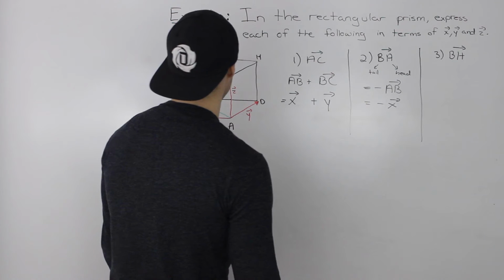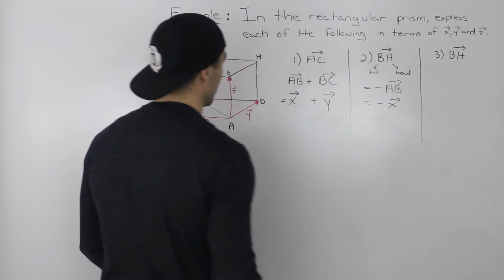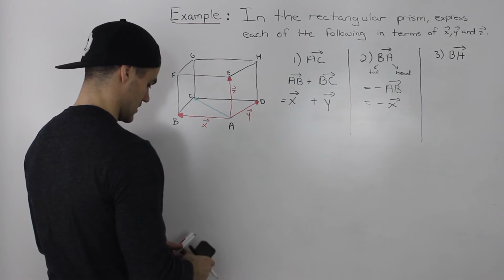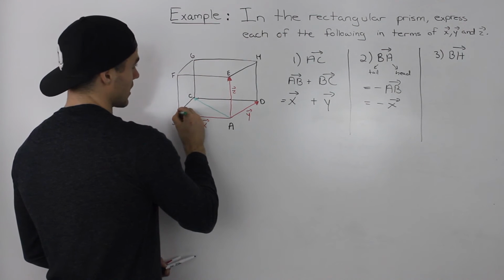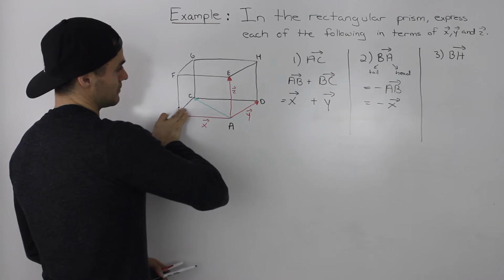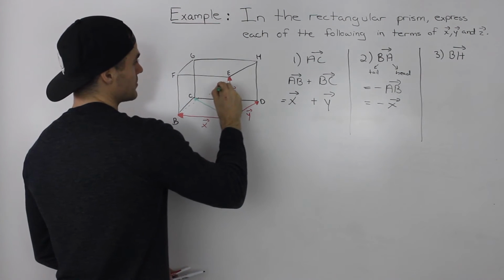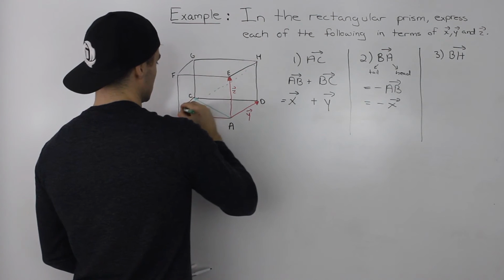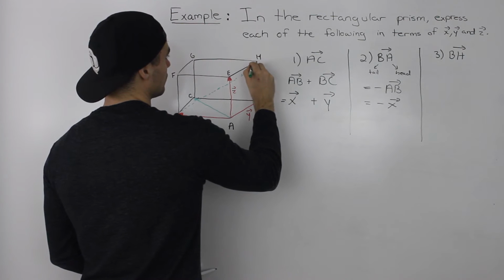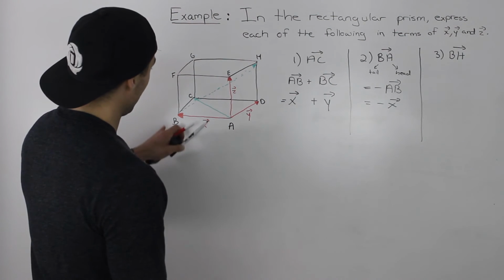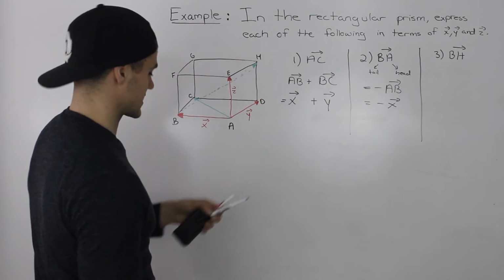Now let's deal with our final third scenario. So we have to express vector BH in terms of x, y, and z. So vector BH, the tail would start at B, and if you think about this from a 3D perspective, we would reach the opposite side. So the tail would start at B and the head of the vector would finish at H. So how can we get from vertex B to vertex H?